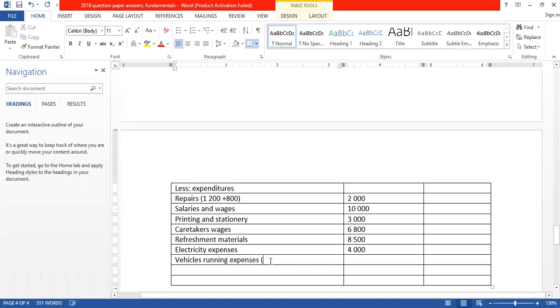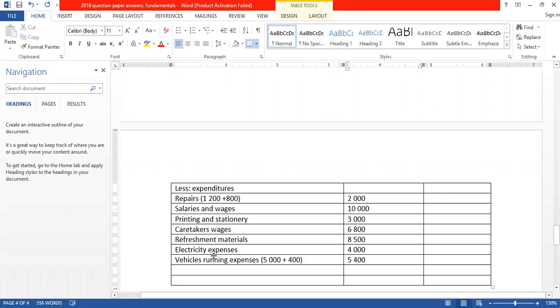So the total amount that was paid for vehicle running expenses was 5,000. So you add the payable amount of running expenses, which is 400. So our total vehicle running expenses that we were supposed to pay during the year are 5,400.